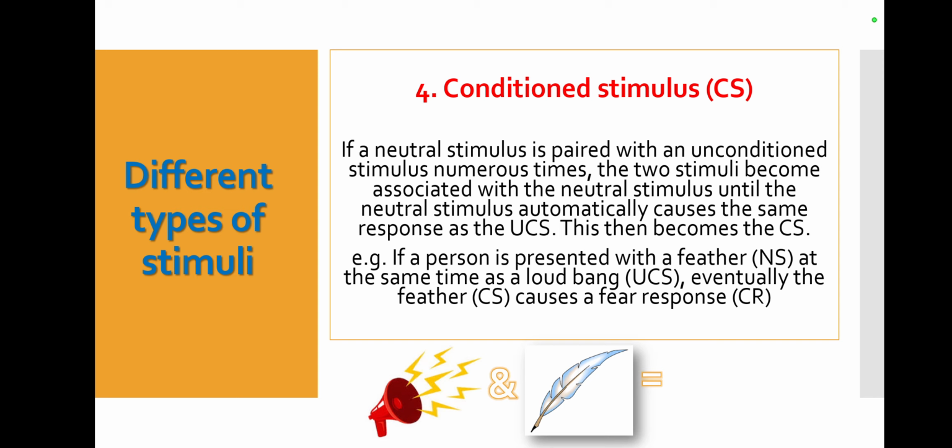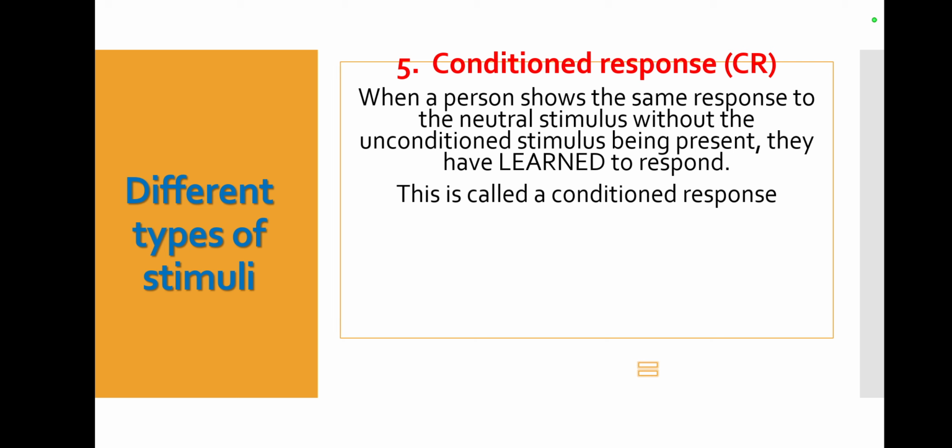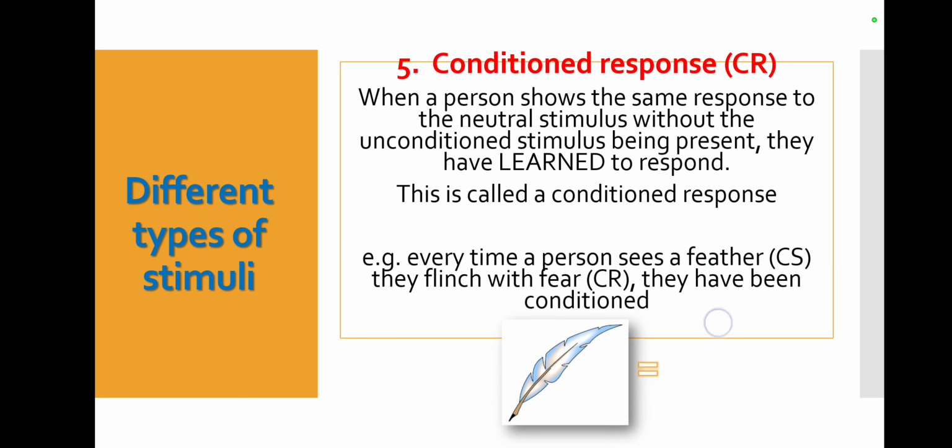So we now associate that feather with the onset of the loud noise, and now after repeated pairings or a traumatic pairing, that new response of being afraid of the feather has been learnt. So that's the conditioned stimulus. And obviously that's where we get the conditioned response from. So the feather, independently of the loud noise now, will produce a new learned response of fear.